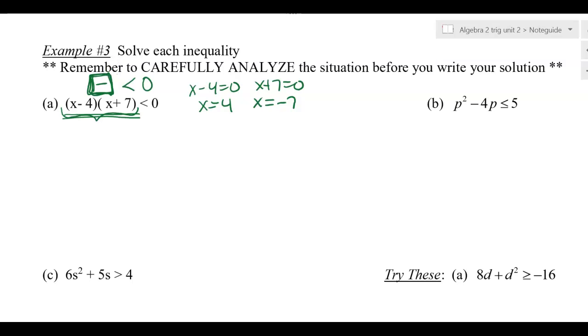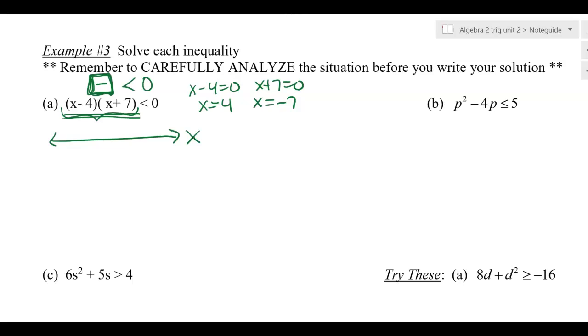So the way we're going to do that, you can draw the whole graph and you can do what we just did. Or you can draw a mini version of that. And the mini version of that would look like this. Here is just my x-axis, okay? The reason I care about my x-axis is because if the graph goes above the x-axis, then those are the positive values of y, right?